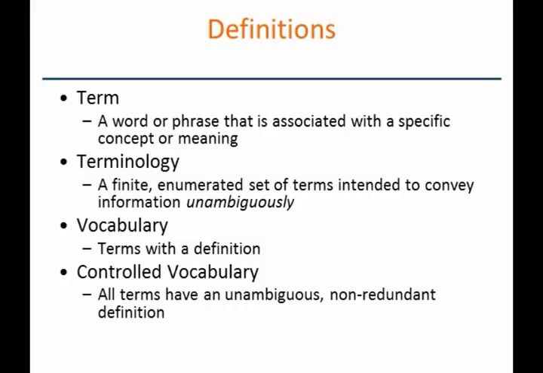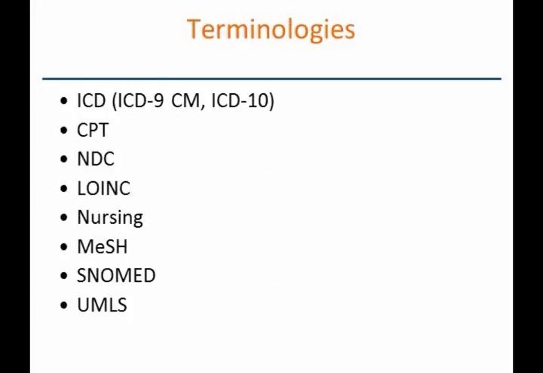A vocabulary is terms with a definition, and we'll see that the UMLS and SNOMED have definitions assigned to the terms, which are very helpful for a variety of actions. And lastly, a controlled vocabulary. Just to reiterate, all terms have unambiguous, non-redundant definitions, and unfortunately not all the terminologies that we use are unambiguous, but we'll discuss that in a few minutes.